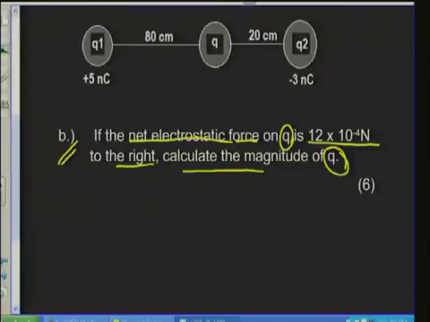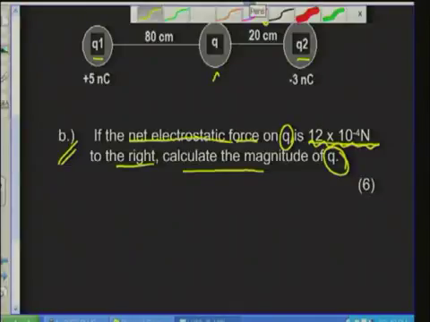Q is in between Q1 and Q2. Okay? There is Q. We are told from the information that the resultant force on Q is 12 by 10 to the power minus 4 newtons to the right. So it is moving in that direction, to the right.